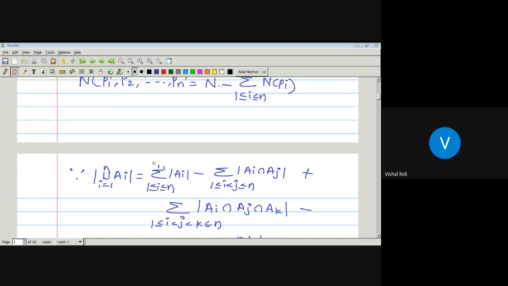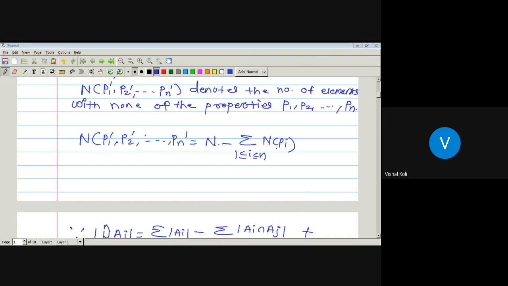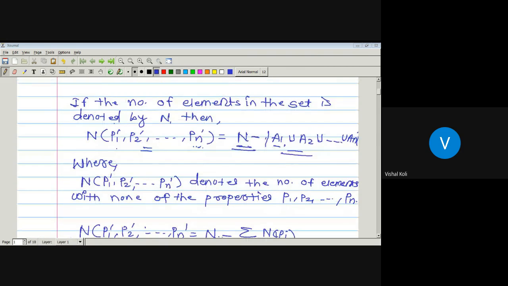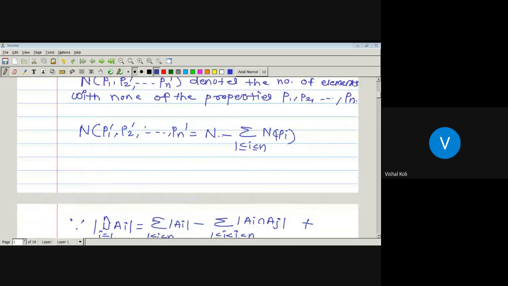As here we have taken n, there is no need to take n here. In this case, Ai is nothing but the number of elements with the property Pi, which is denoted by n of Pi. Since the sum is running from 1 to n, it is n of Pi.